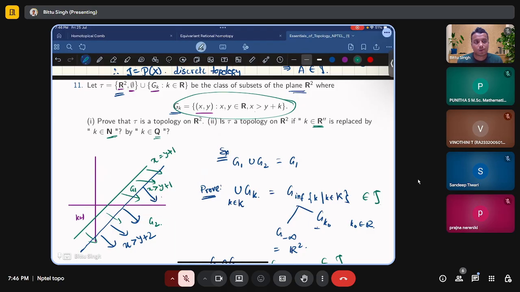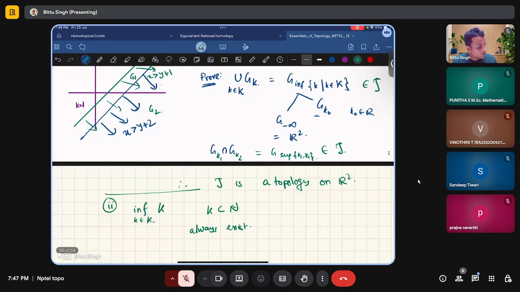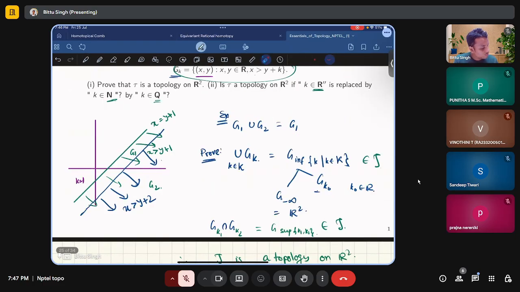Just take the least number. So the natural numbers always admit a lowest bound, lower bound, whatever you call it, the greatest lower bound, GLB. So for natural numbers, whatever set you pick admits an infimum. So again the same will hold: that G of the infimum belongs to tau. This case will not arrive.